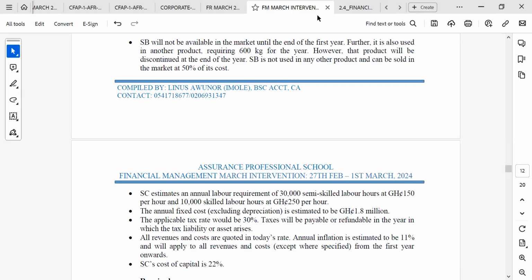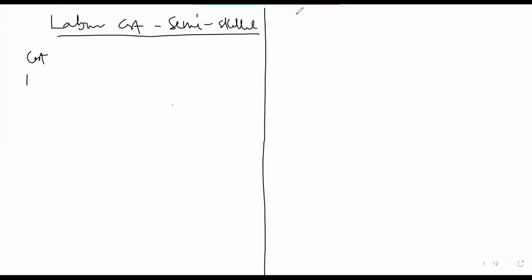Okay, but this is in current terms. So what do we do? We do 150 into bracket 1.11, 150 into 1.11 exponent 2, 150 into 1.11 exponent 3, 150 into 1.11 exponent 4.